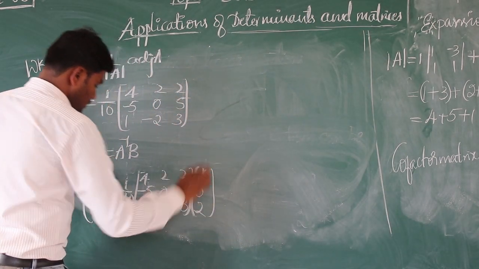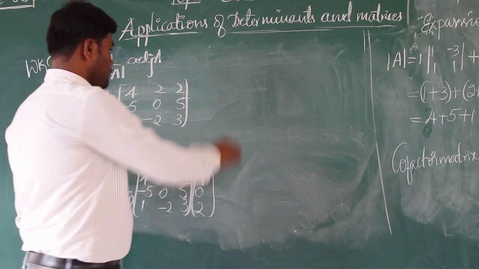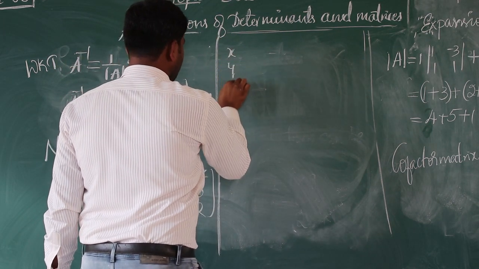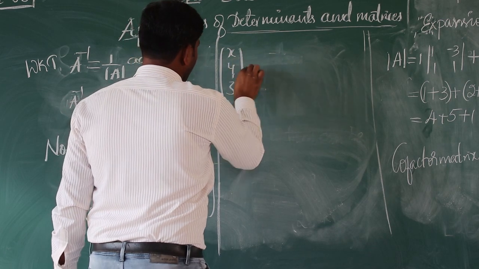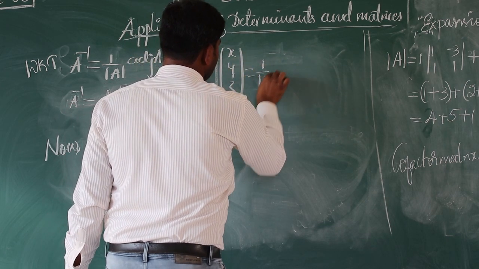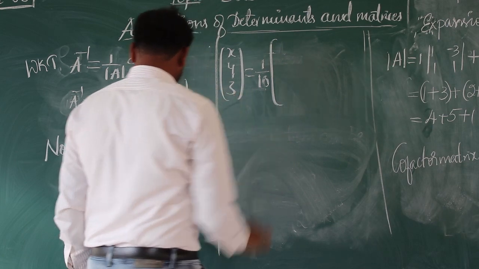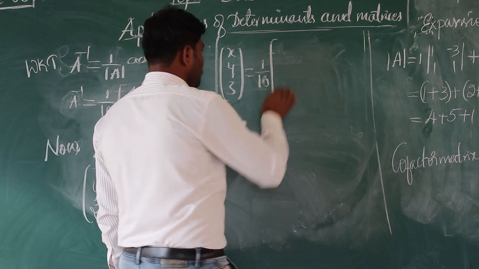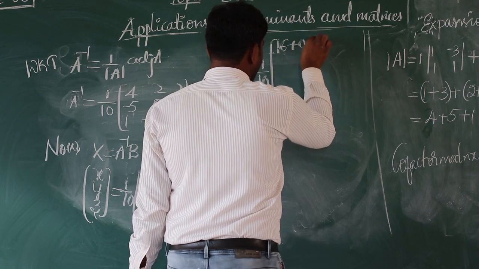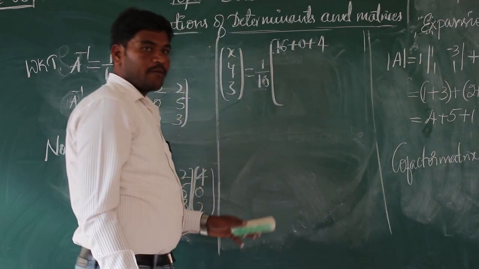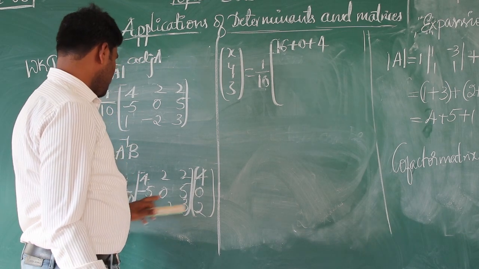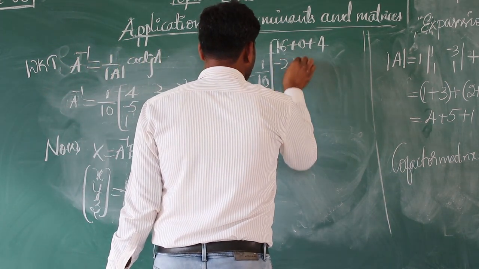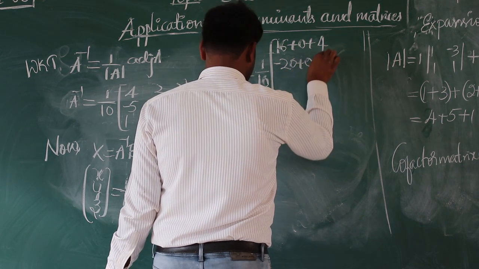Multiplication of these two matrices becomes 1 upon 10 for the x, y, z matrix. Matrix multiplication: first row element 16 plus 0 plus 4. Next, second row elements minus 20 plus 0 plus 10.